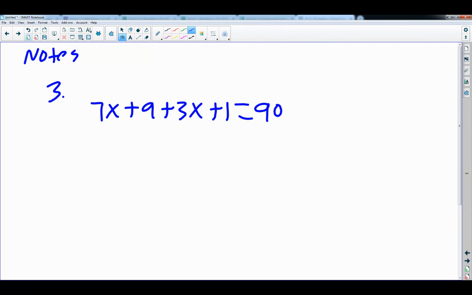Okay, I have some like terms over on the left. I have x's with x's, so positive 7x with positive 3x. Again, remember, notice how I'm boxing off the plus sign. That way I know it's positive. So we have 7x and 3x is 10x.